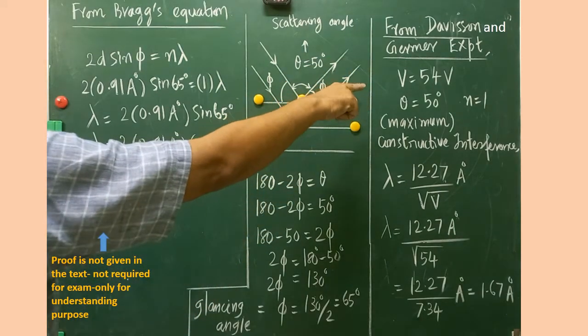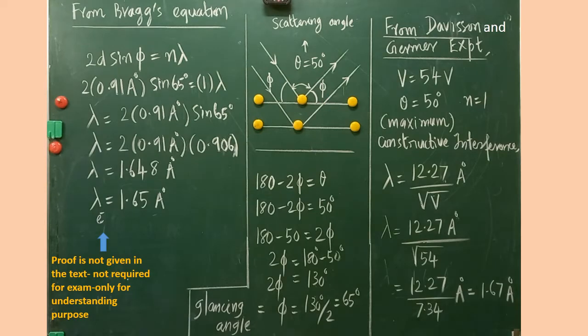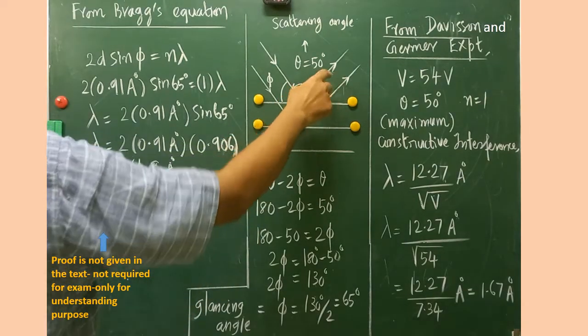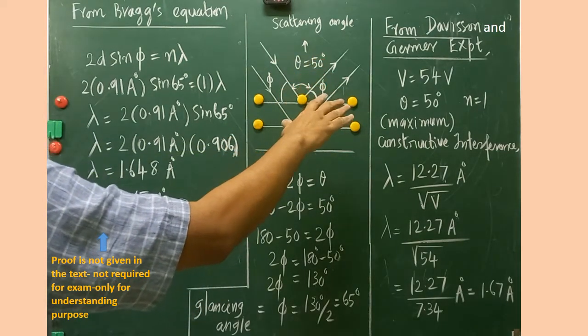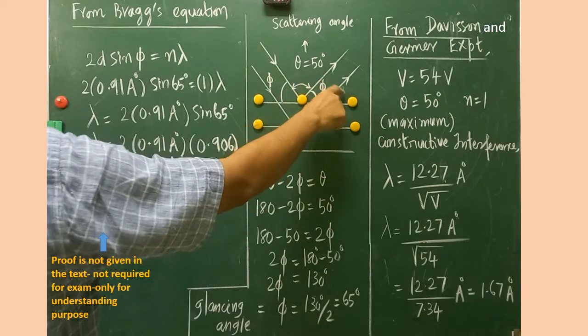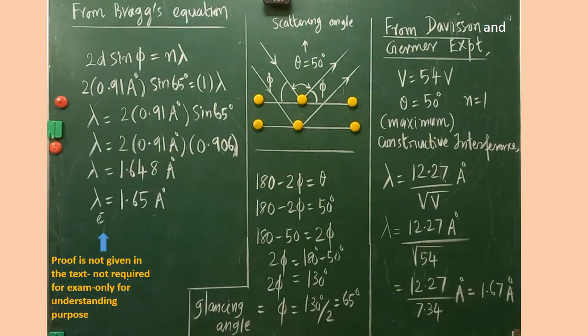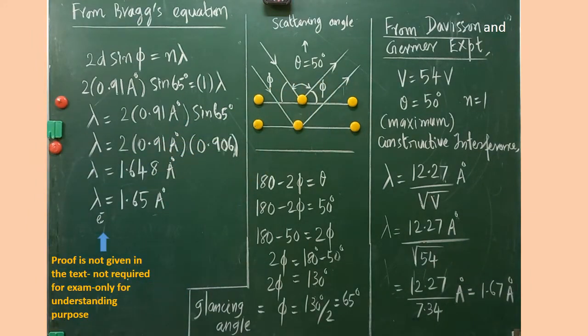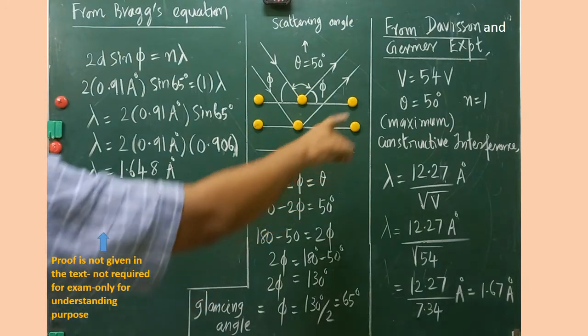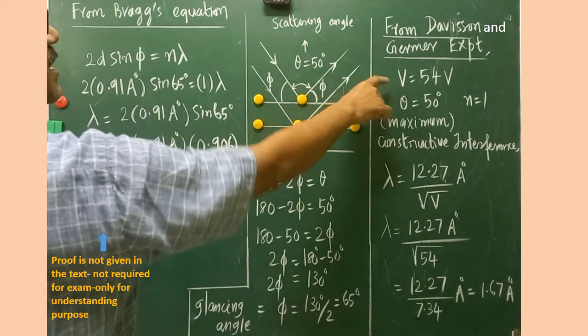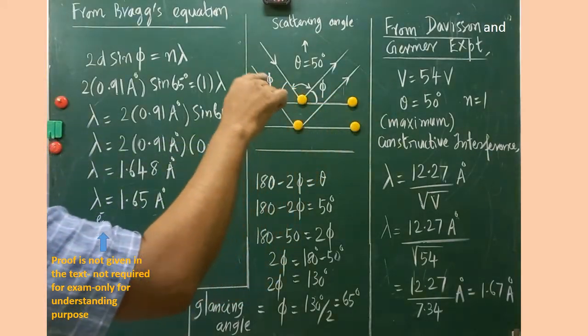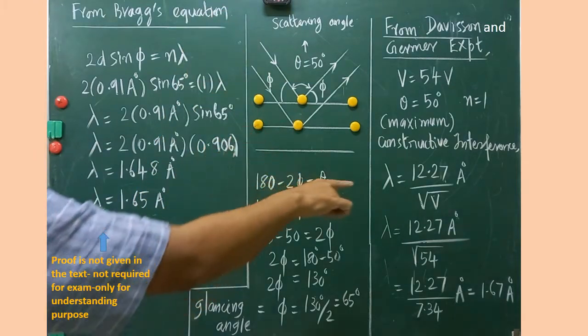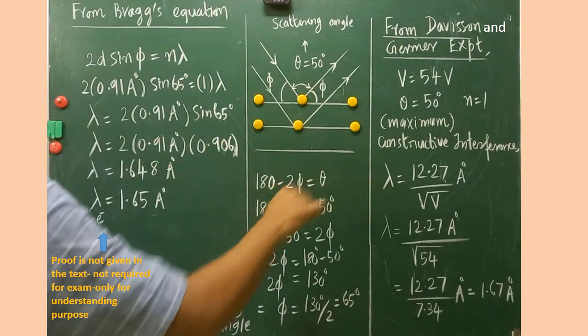Now we know the values of V and theta. Are you clear? And these two are creating the maximum intensity X-ray. That's why the order of the constructive interference can be taken as n is equal to 1. Here, this is the potential difference applied between cathode and anode, and substitute the value of V in the formula.